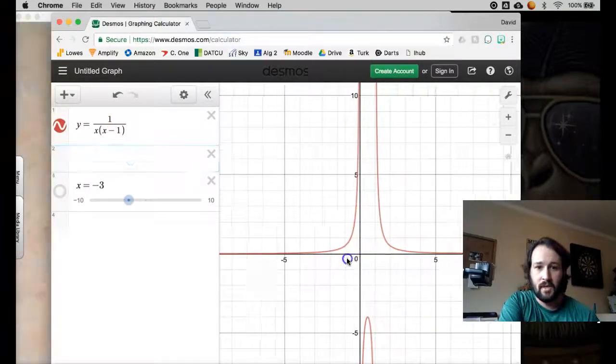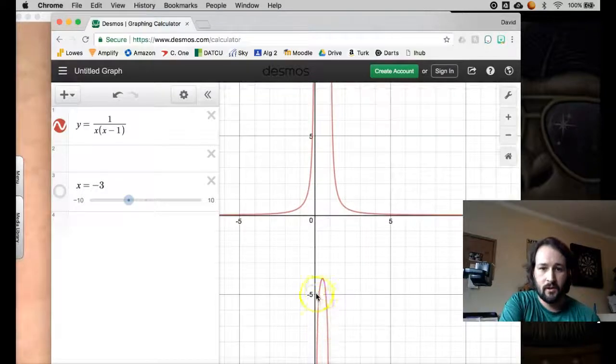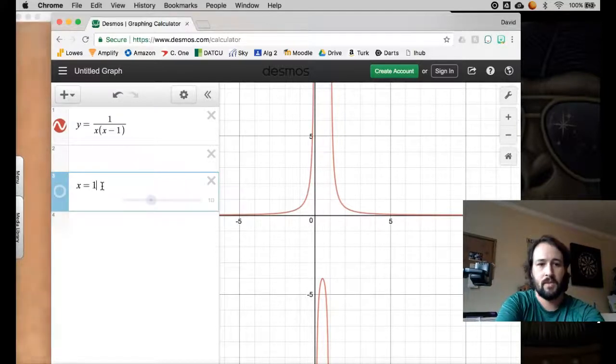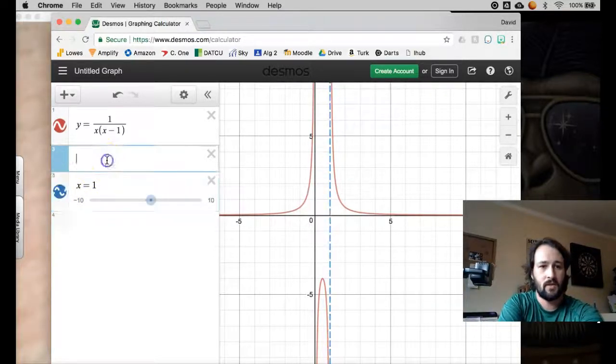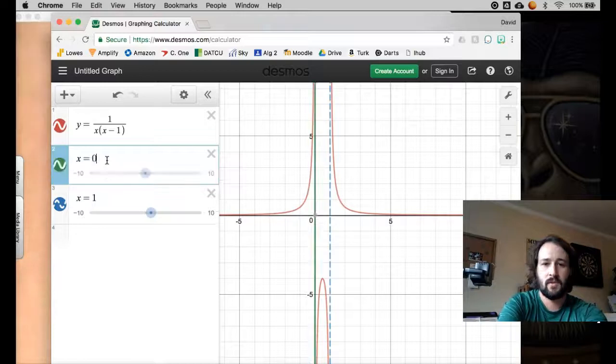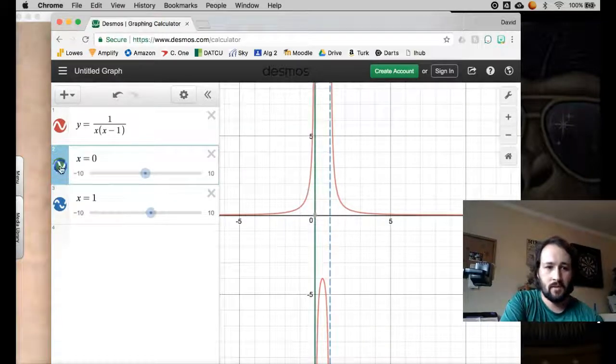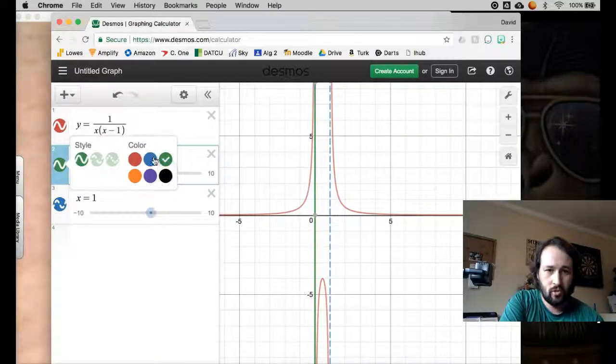All right, so there would be our function. So it kind of creates like a quadratic down here. And then it has it going up positive and up positive there, as they get closer to positive 1, where our first asymptote was, and x equals 0, where our other asymptote was.